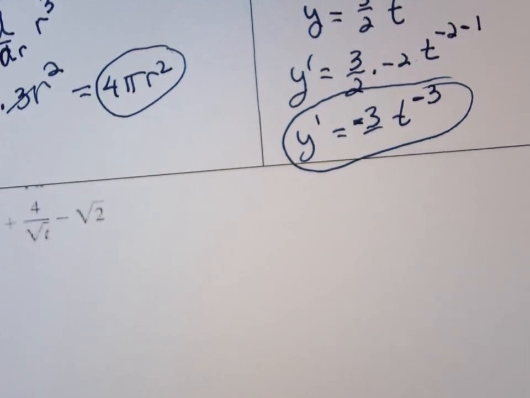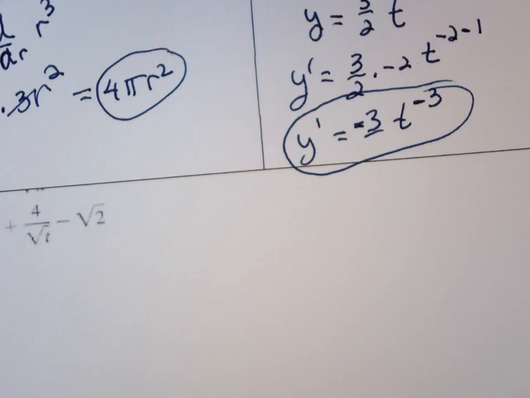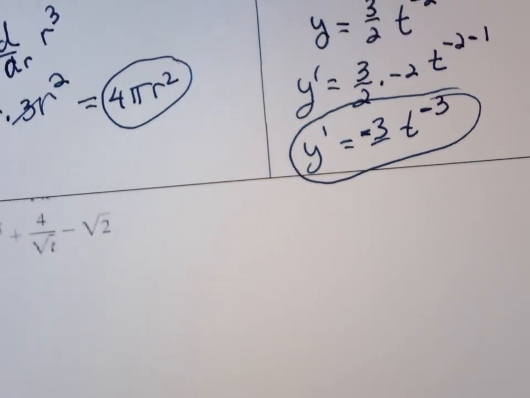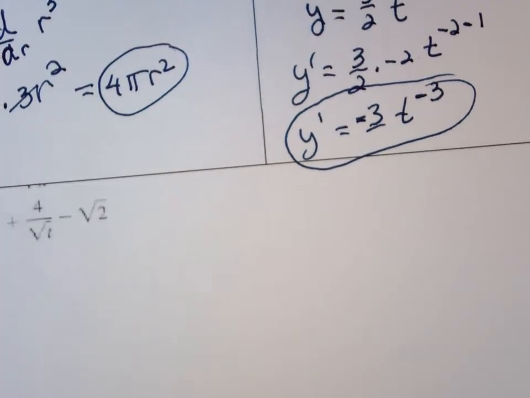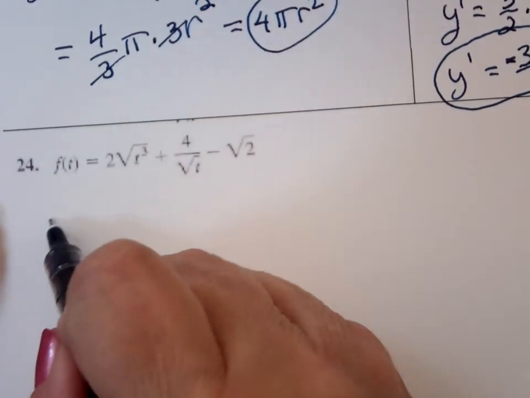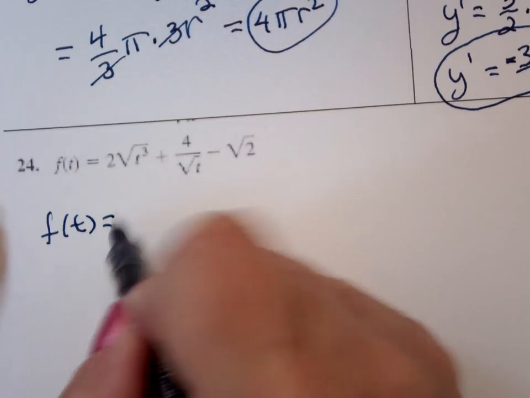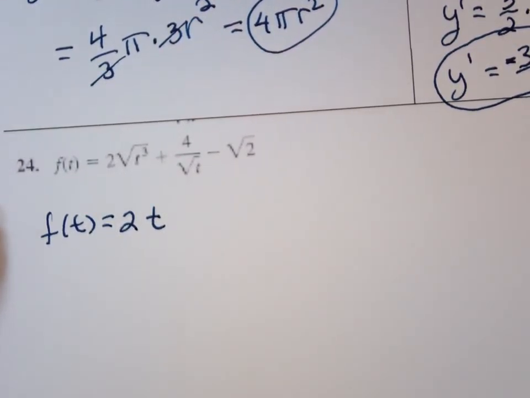When I'm dealing with square root, what am I dealing with? What's the exponent? If I have the square root of t, what would the exponent be? t to what power? 1/2. So I need to turn it into what it is, so that f of t equals 2t. The square root of t cubed is t to what power? 3/2.